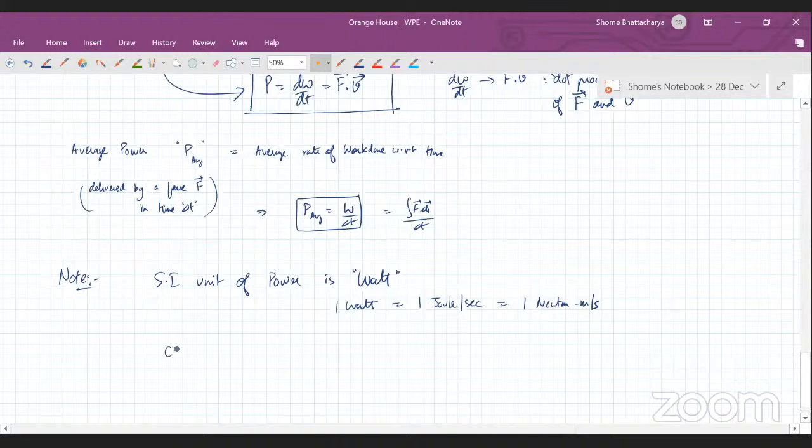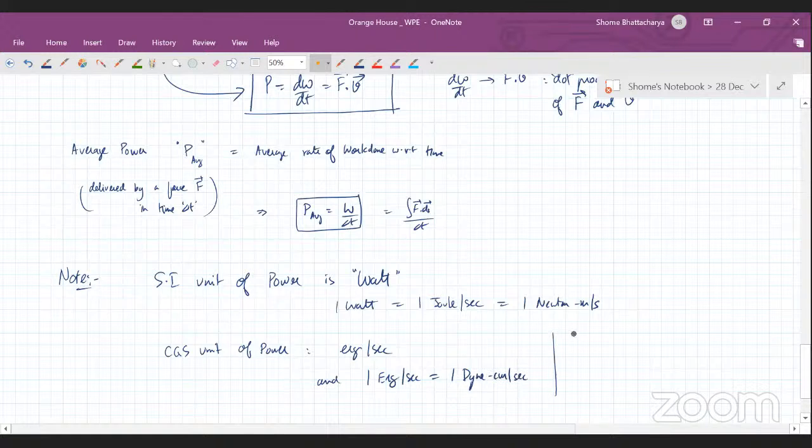The CGS unit has no separate name, but it is erg per second.